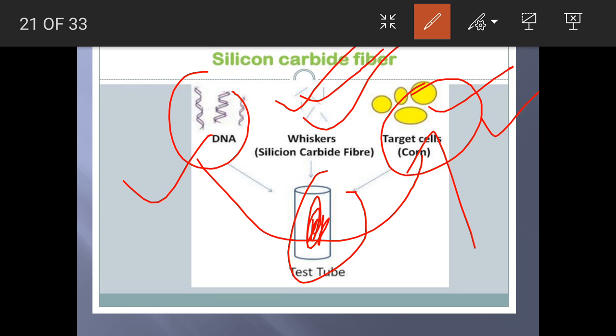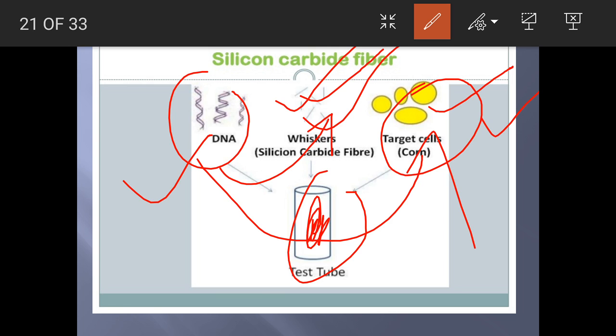When you do that, the DNA first gets coated on the silicon carbide fibers, because it has a higher affinity for the silicon. Then the silicon with the coated DNA easily adheres to the cells.